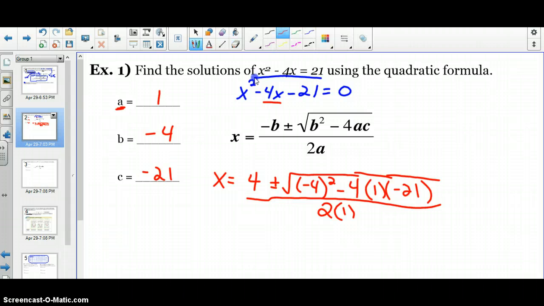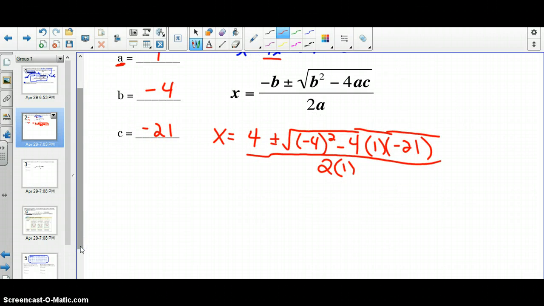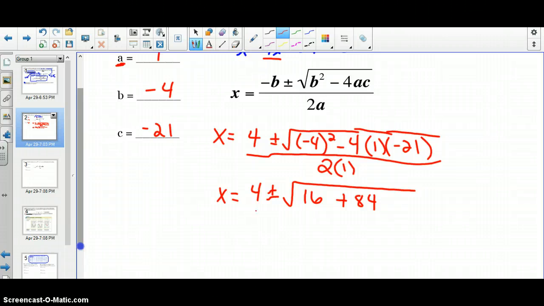Okay, here comes the hardest part, which is just simplifying. So x equals 4 plus or minus, and let's simplify inside here. Negative 4 squared is 16, and then we're going to have minus 4 times negative 21, which will give us plus 84. And then we're going to divide all of that by 2.